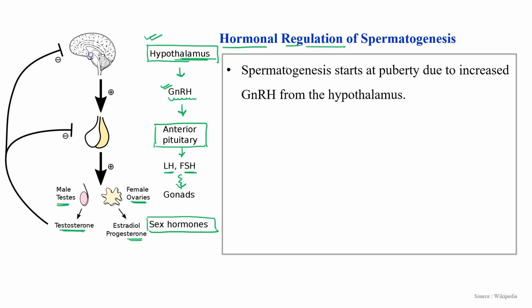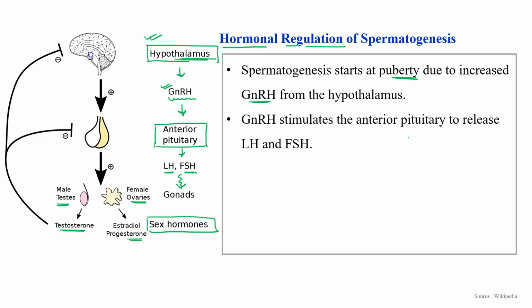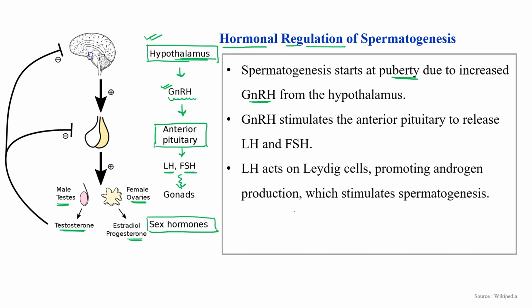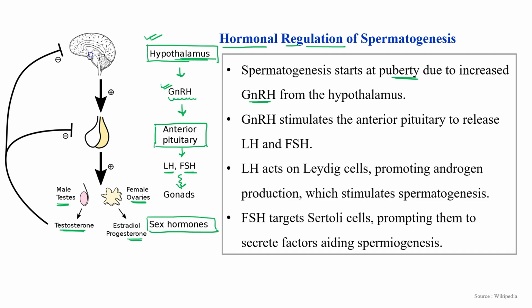As you know, spermatogenesis starts at the puberty stage, around 13-14 years in males, due to an increase in the concentration of gonadotropin releasing hormone, which is released by this gland. So these are the points which I have just discussed. This hormone stimulates the anterior pituitary.